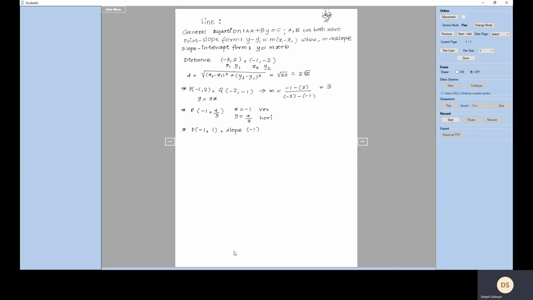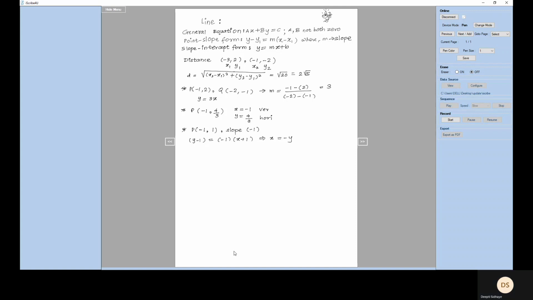Here all you need to do is use the form that we have seen earlier and rewrite this as y minus 1 is equal to -1 into x plus 1. This will lead you to the equation x is equal to -y.